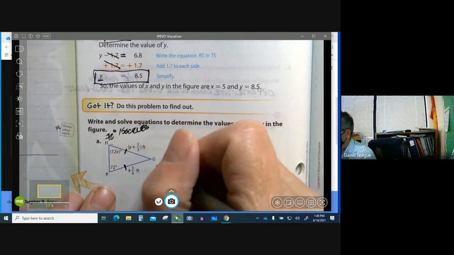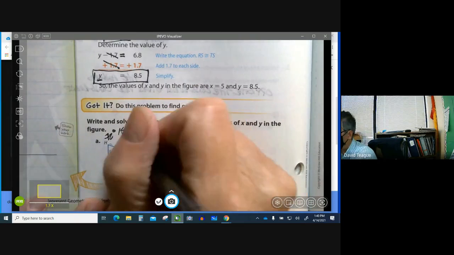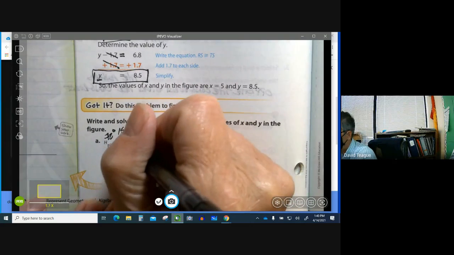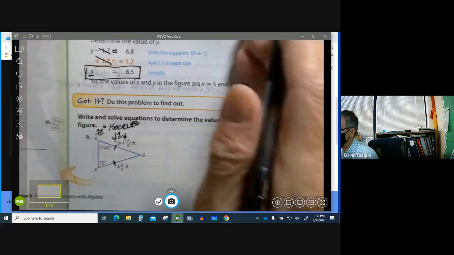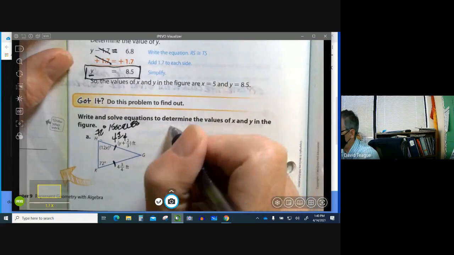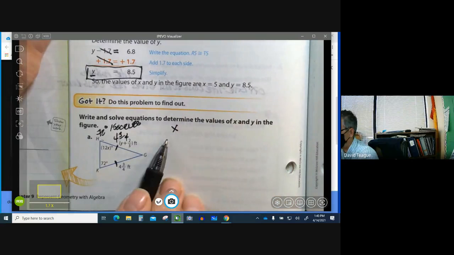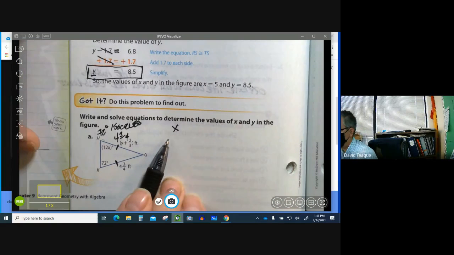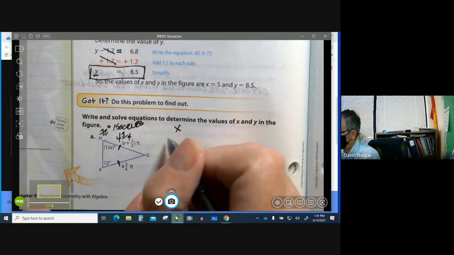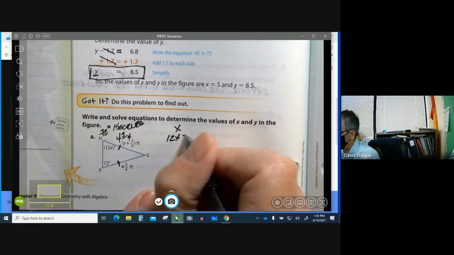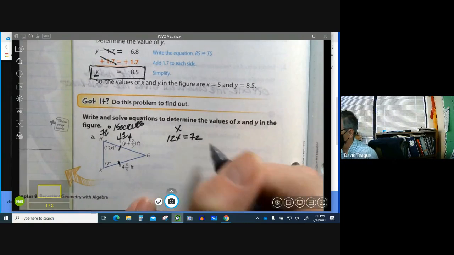Okay, we know this side is 4 3/4 feet, so we know this side is 4 3/4 feet because it's congruent. Okay, so now we want to solve for x. So to solve for x, we're going to write an expression. We know that 12x is equal to 72.